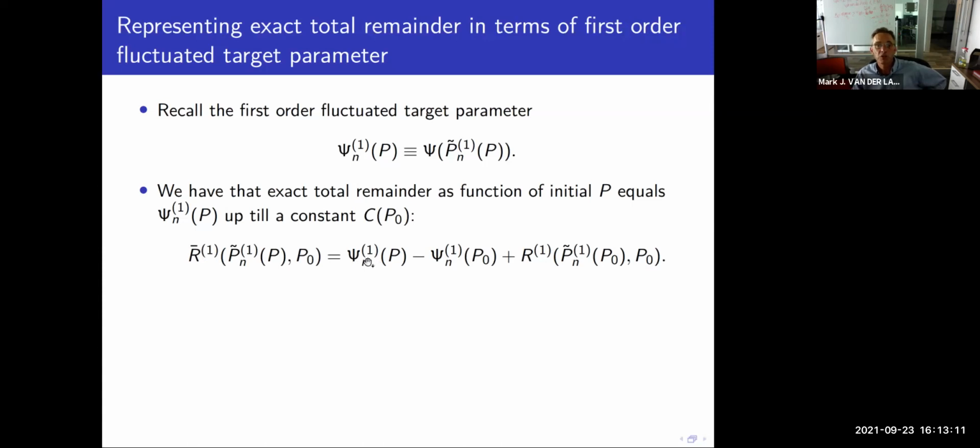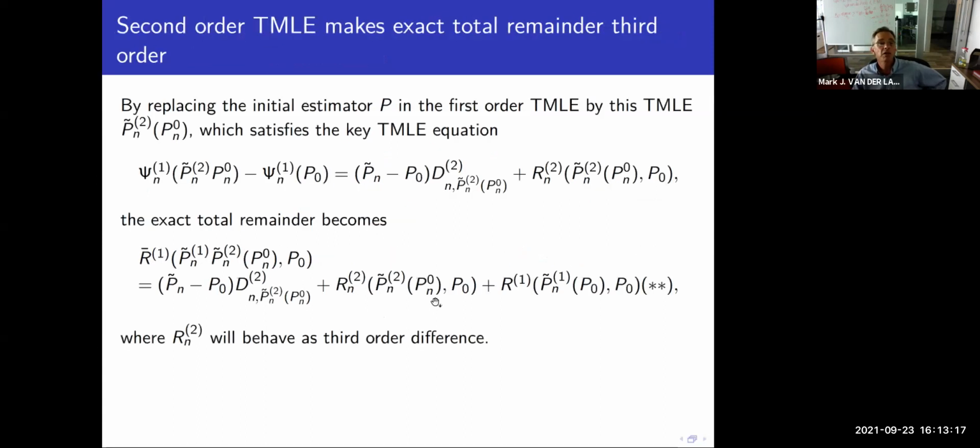So that's where you start seeing that if you do the TMLE of this, you're essentially doing the TMLE of this. And that's why you get this story, and this is just a little extra remark, that what actually happens mathematically is that the exact remainder after doing the targeting becomes an empirical process of a second order efficient influence curve plus a new second order remainder, but of the first order fluctuation parameter, which is now third order.